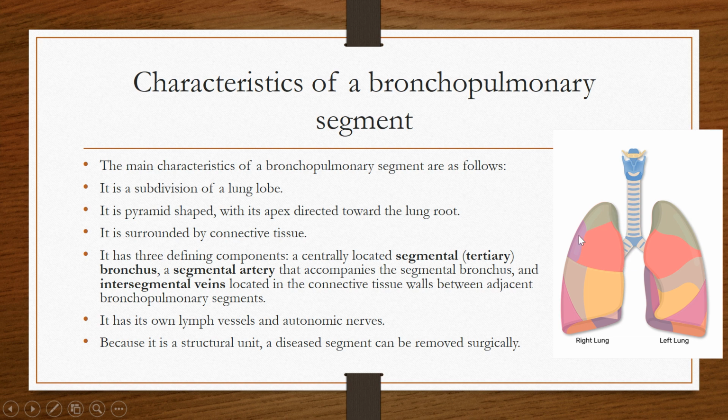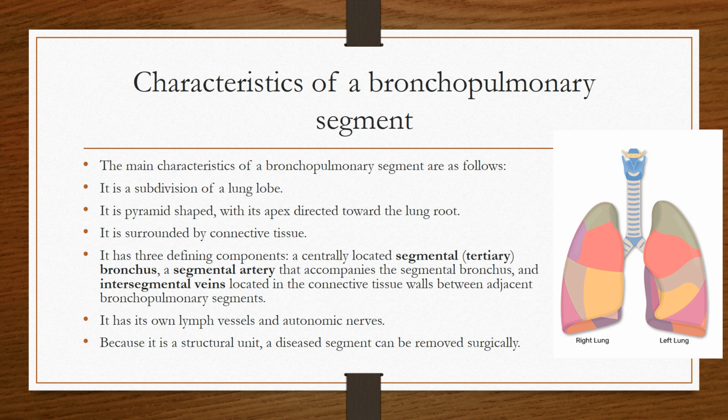So we know that on the right side we have 3 lobes, so there will be 3 secondary bronchi. But on the left side we have 2 lobes, so there will be 2 secondary bronchi. These secondary bronchi are called lobar bronchi. Number 1, primary bronchi, which are also called principal bronchi, divide from the trachea because of 2 lungs.